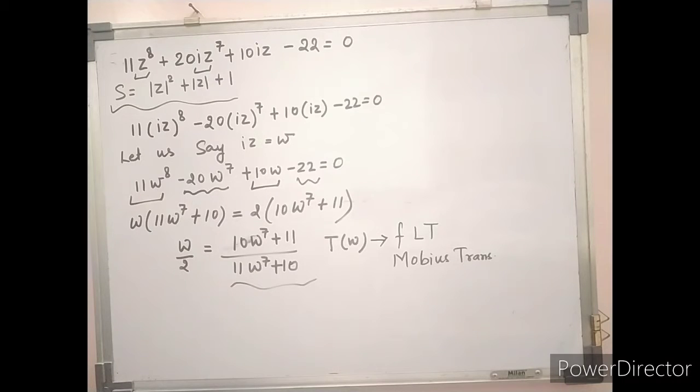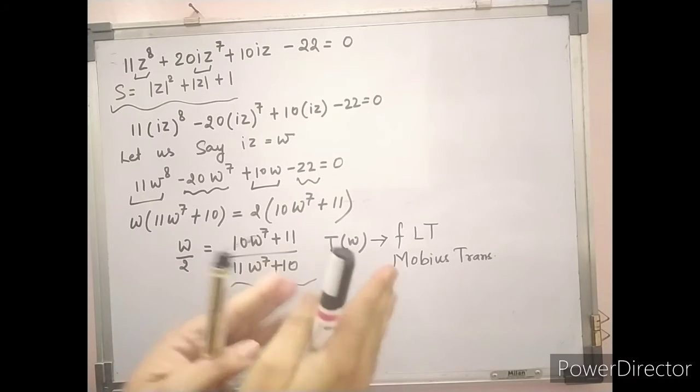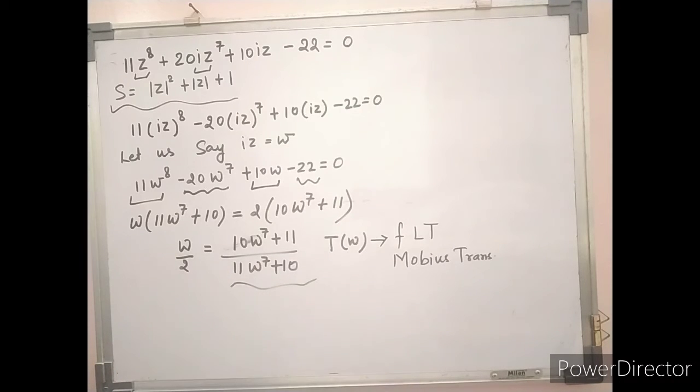I am not saying very easily, because what we are going to do under Mobius transformation, the same thing we are going to do here without using that particular name. So one thing is very clear, that the question setters might have had FLT in their mind while setting this question. Okay, so let us move ahead.